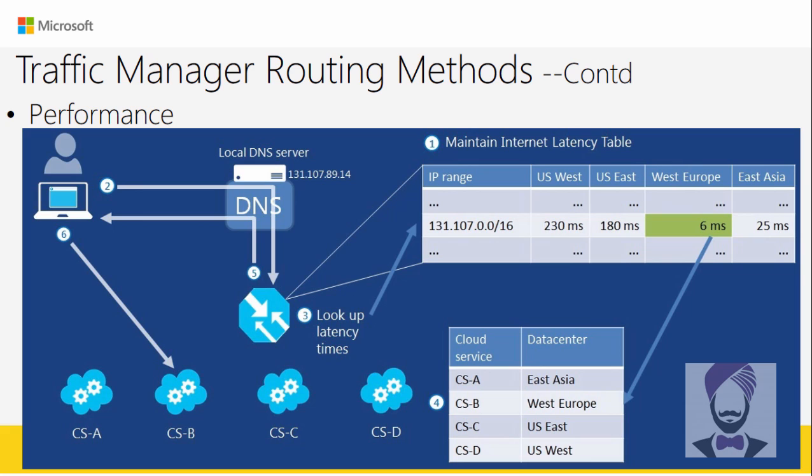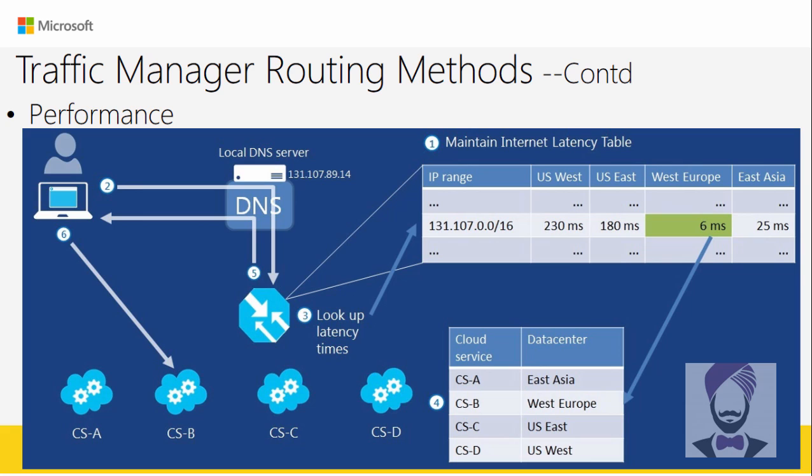As you can see, this endpoint has Cloud Service A, B, C, and D. In this diagram, the internet latency table at the top right corner lists the US West application. There is an application in United States West, United States East, West Europe, and East Asia, right? It will maintain the round trip time of contacting your application.